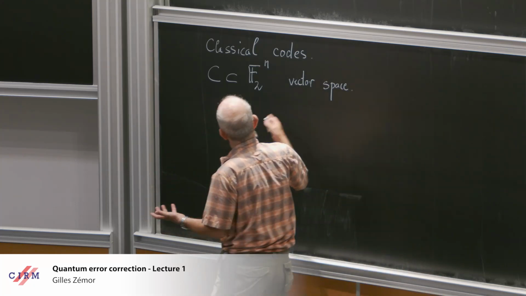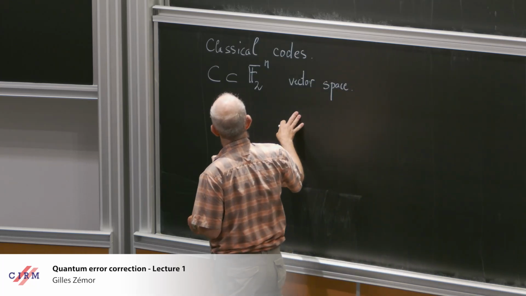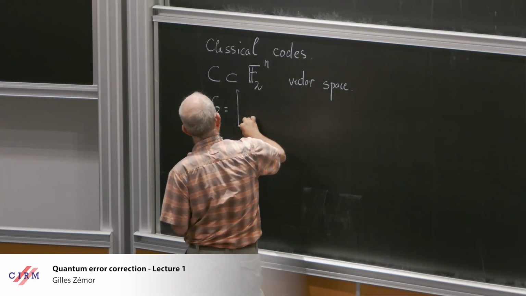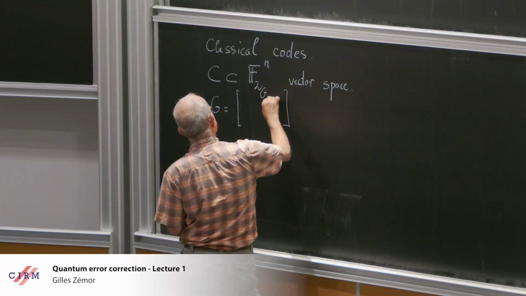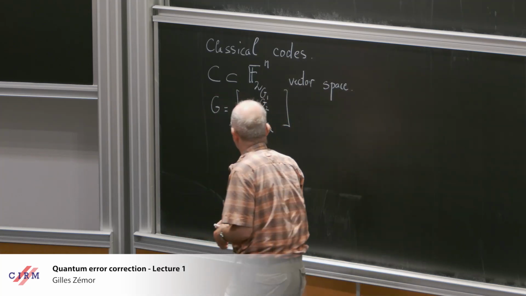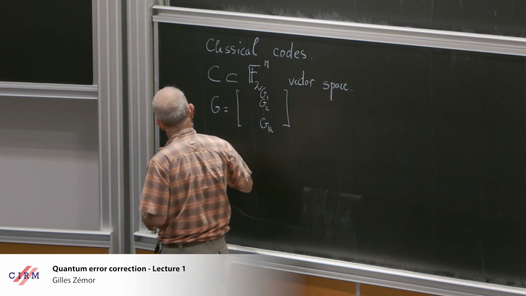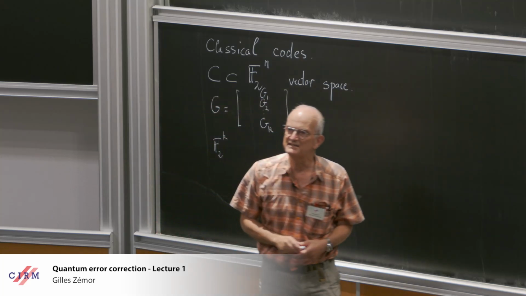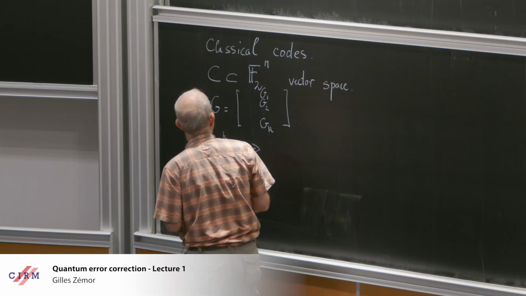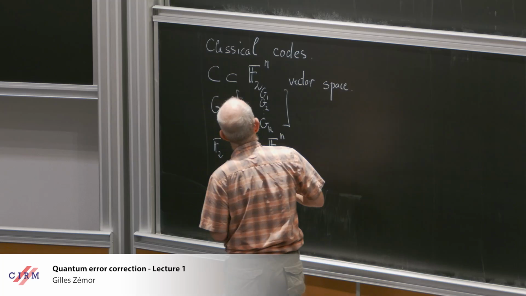So what is the simplest way of thinking about a classical code? How do you encode? You use what is called a generator matrix. So a 0, 1 matrix with rows G1, G2 through to Gk, and you encode like this. You take k-tuples of information from F2 to the k, and you embed them in F2 to the n.